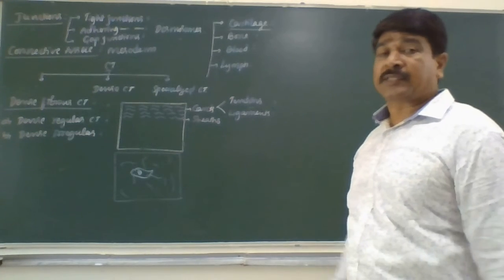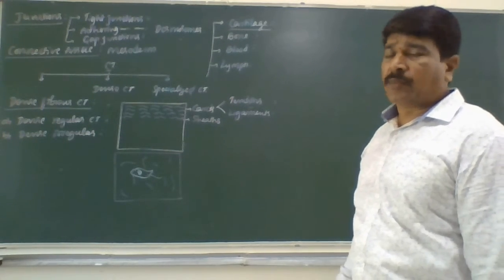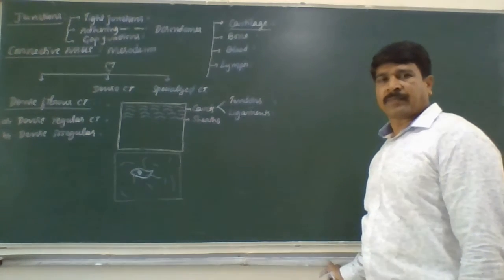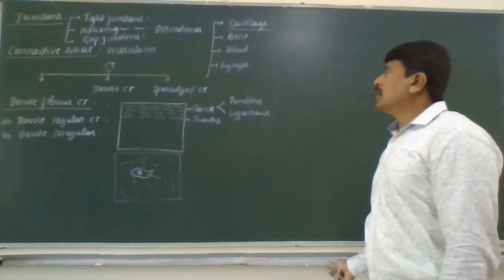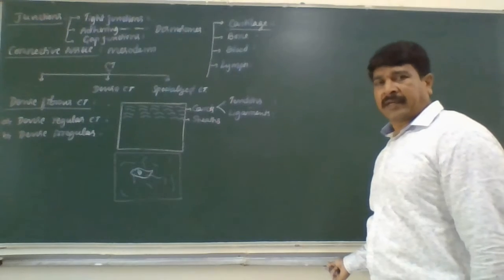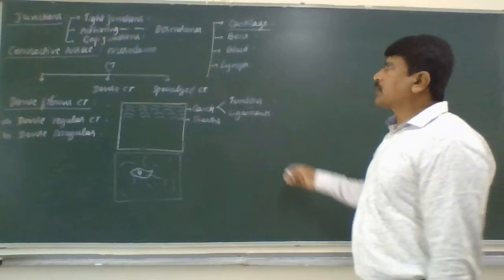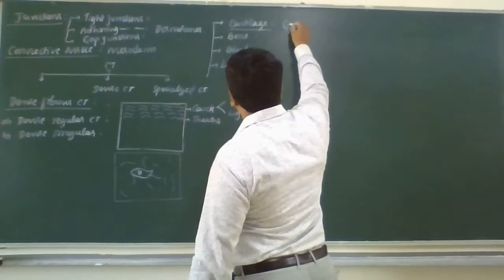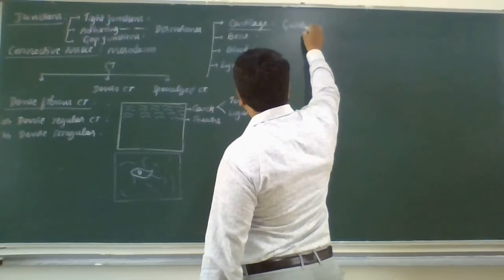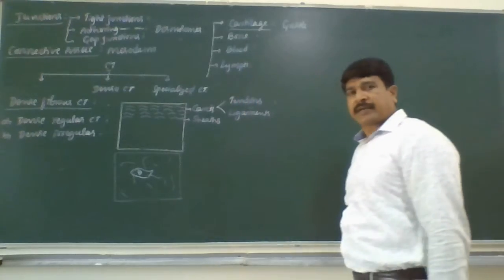Cartilage forms the endoskeleton in the embryonic stage in most of the mammals, or in most chordates also you can say that. I think you are getting it now. Cartilage is also called gristle.